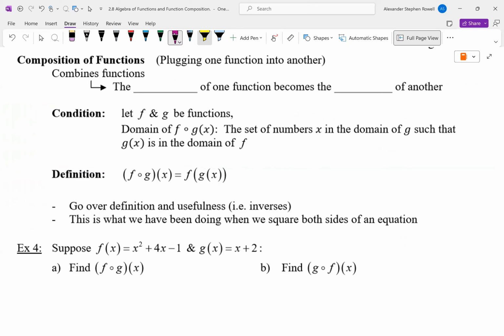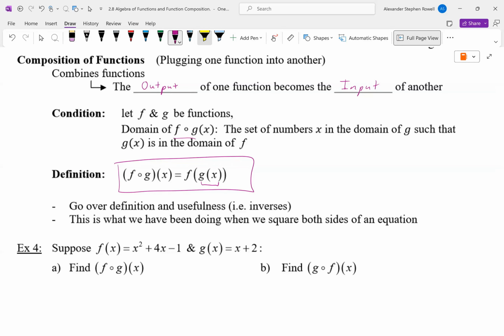It takes the output of one function and makes it the input of another function. So this notation, f composed of g, is telling us, by definition, you plug function g inside of function f.